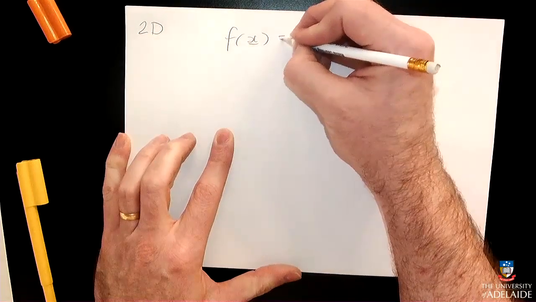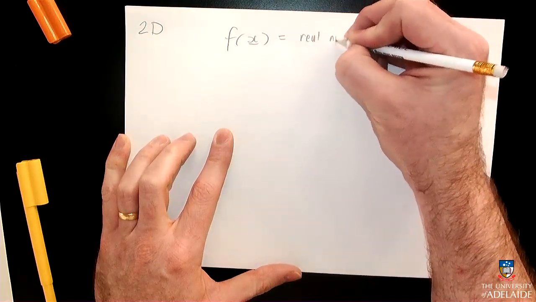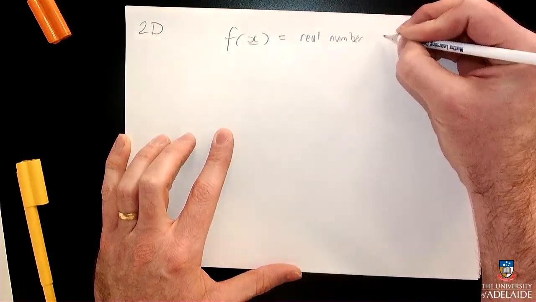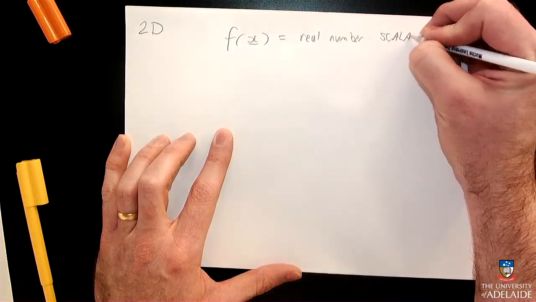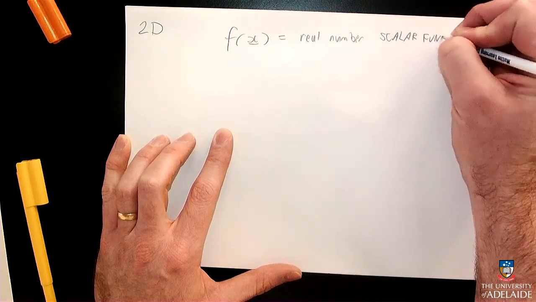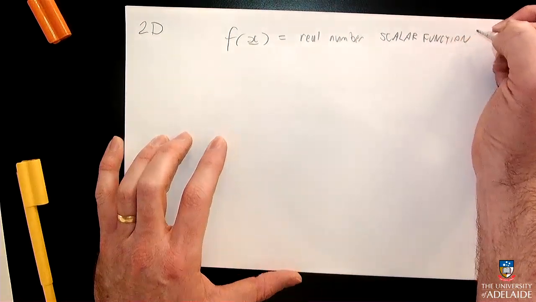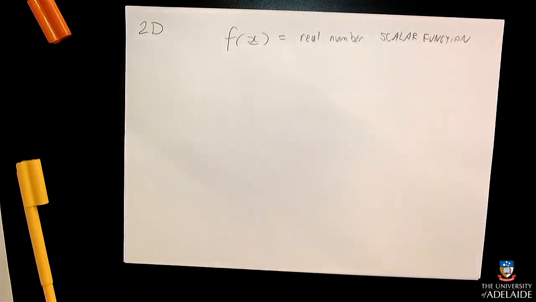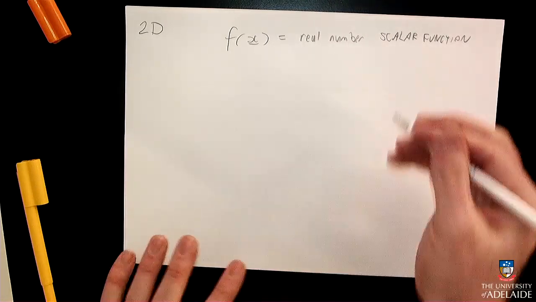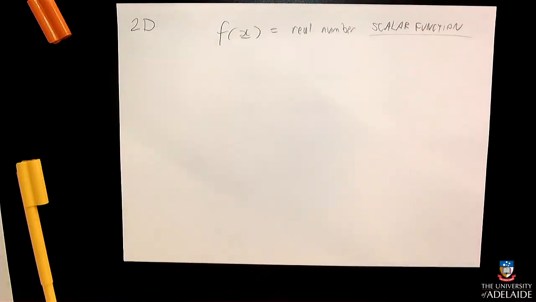And it's going to produce a real number. And this is called a scalar function, I believe. Scalar field, maybe. Okay, so that's the kind of function we have.